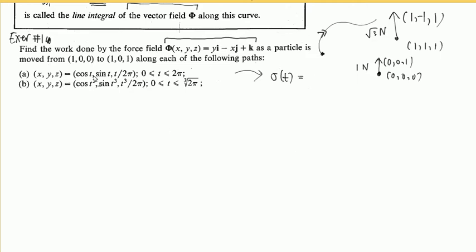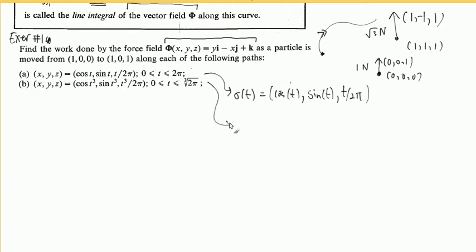All right, so I'm going to write part A with sigma of t being like this: cosine t, sine t, t divided by 2 pi. That's one path. The second one, I'm going to use tau.